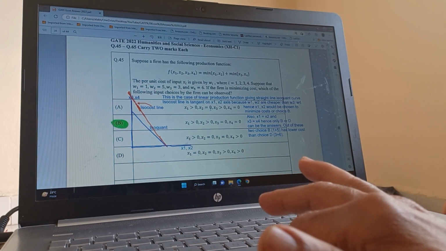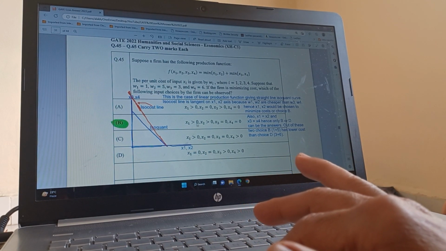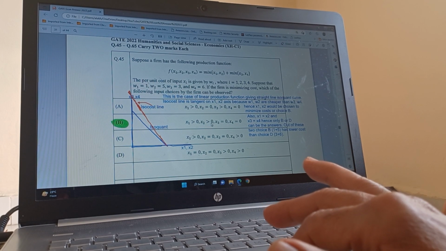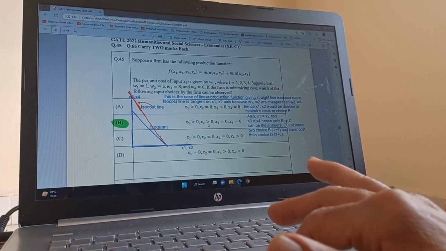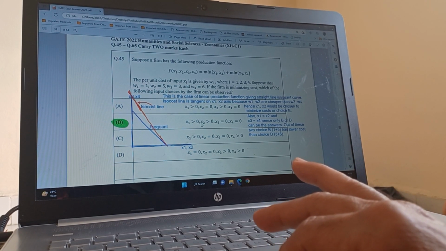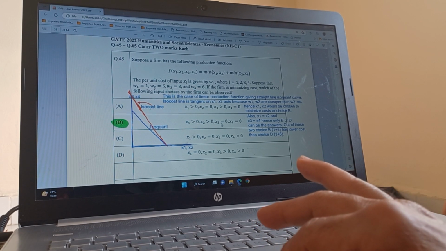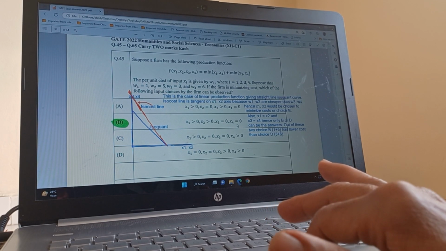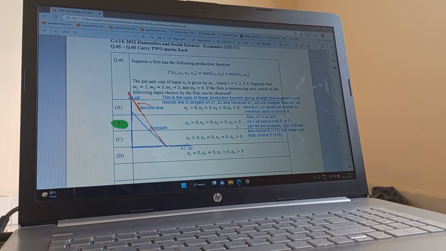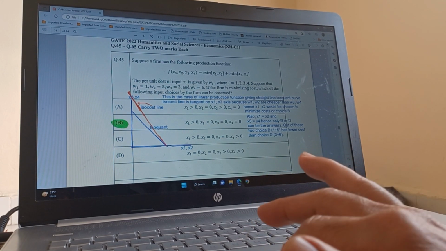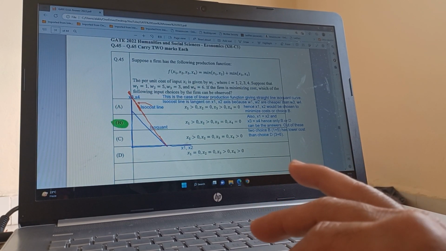And what about B? Here you see that x1 is greater than 0, x2 is greater than 0, meaning both are most likely equal, though it is not exactly defined, but both can be equal. So this can be the choice. And here x3 is equal to 0, x4 is equal to 0, meaning both x3, x4 are equal, which is the condition of min x3, x4, that both must be equal.